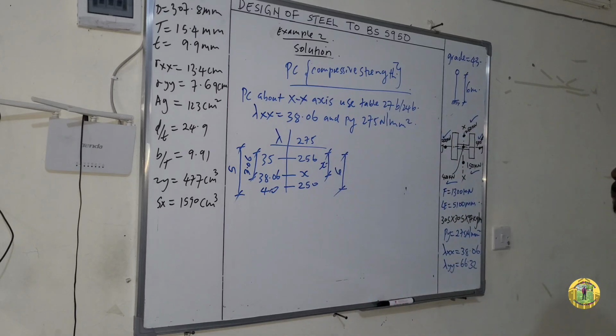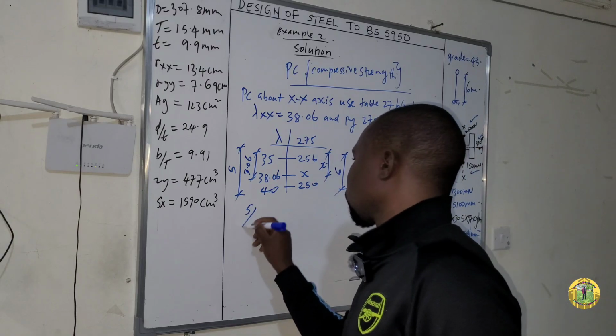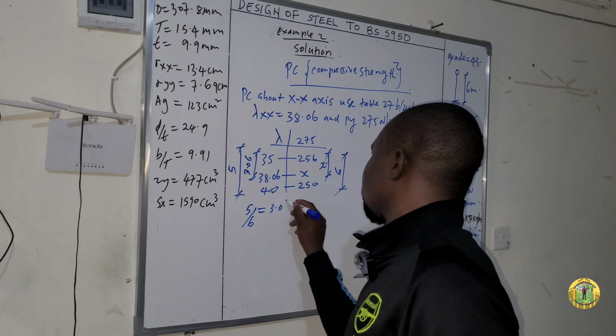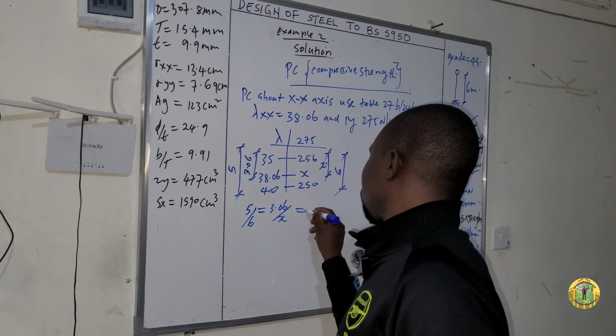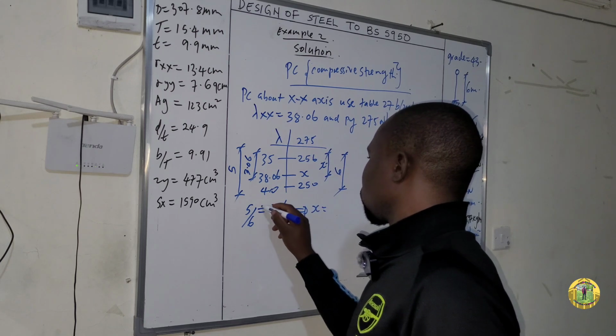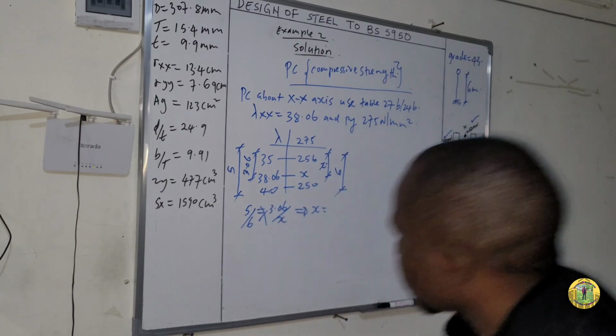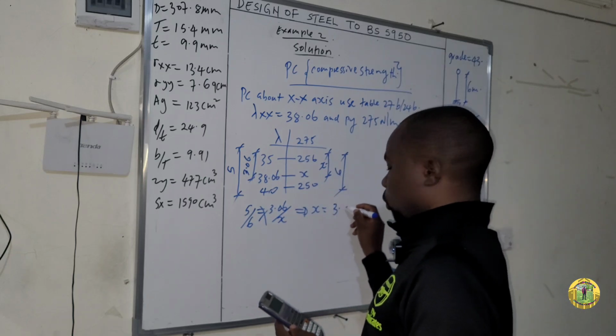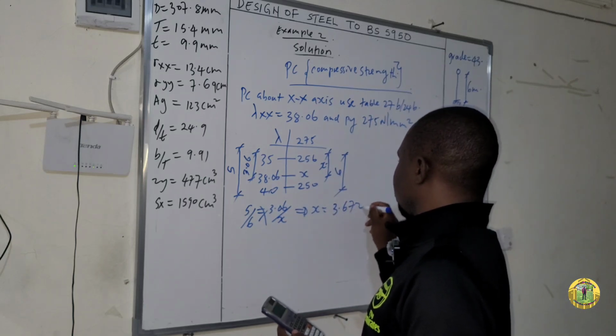To obtain x, do the comparison. 5 over 6 is equal to 3.06 over x, which implies x is equal to, cross multiply and obtain the value of x. So this is equal to 6 times 3.06 divided by 5. So this one is equal to 3.672.